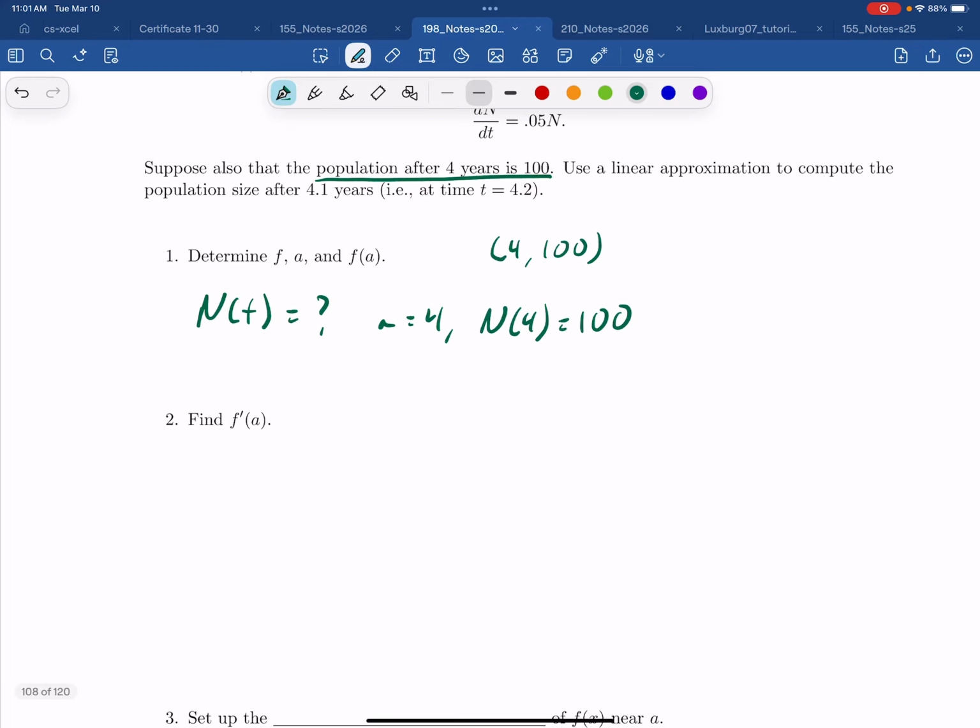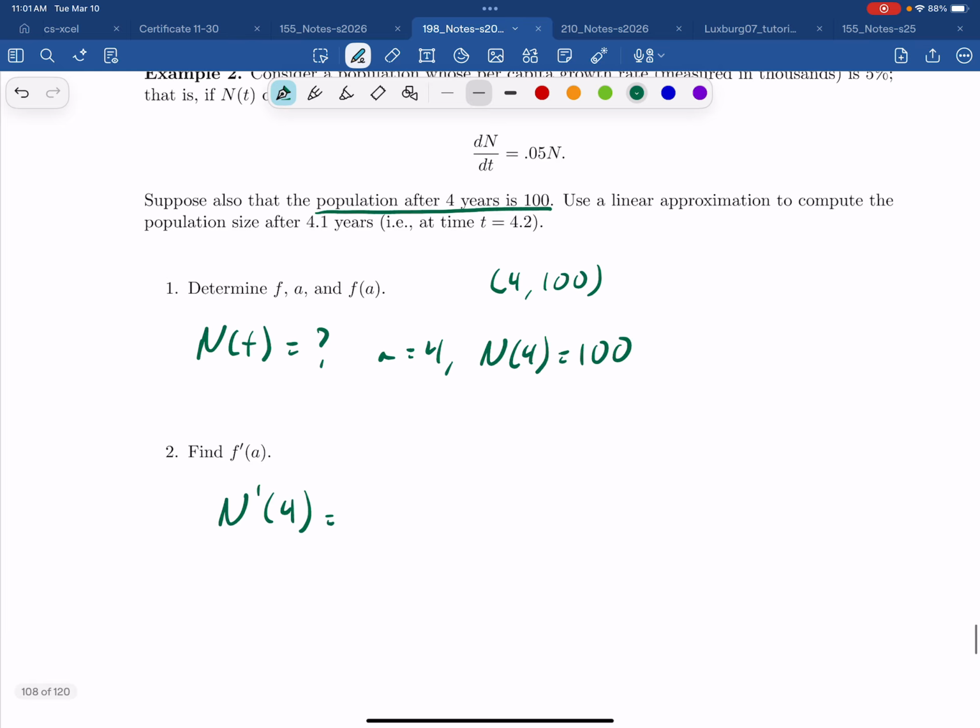Now, we're not given n of t, but we still can find n prime of 4, because that's given by dn over dt at t equals 4, which means that n equals 100.